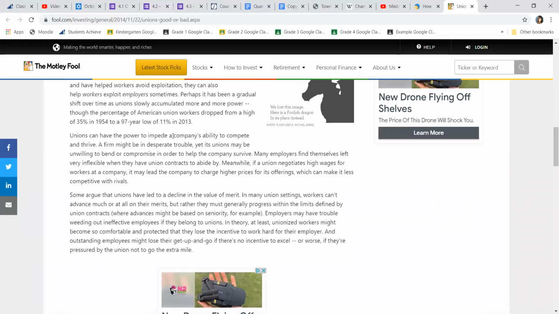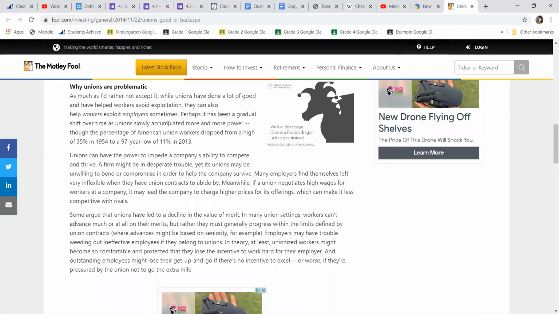But there are also things that can be problematic about unions. Sometimes employers are kind of stuck, their hands are tied as far as how much they can grow and compete with other similar companies, because the unions might have certain things put in place that the employers can't go against.